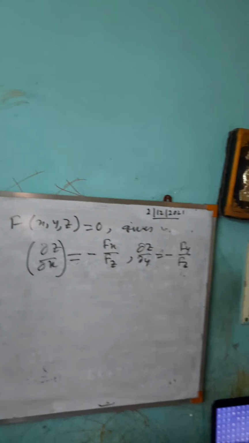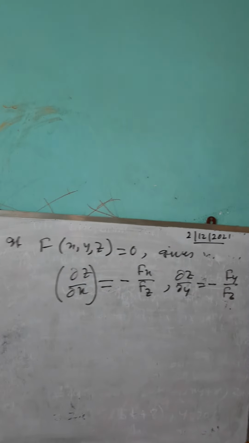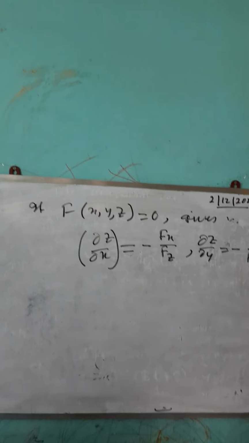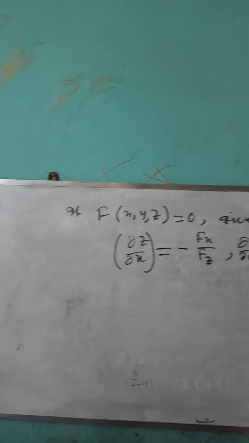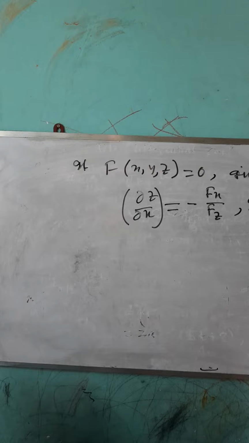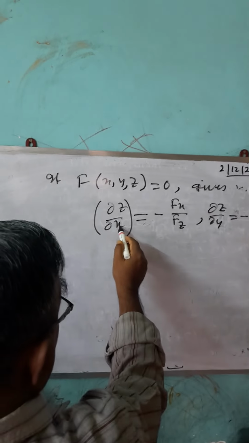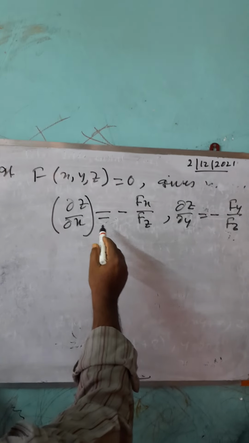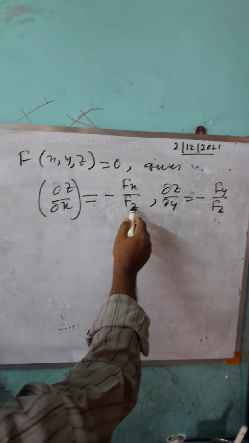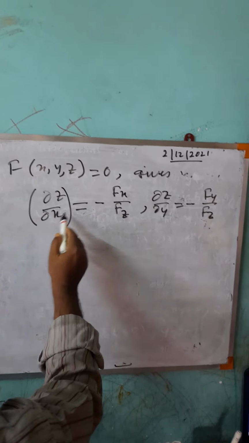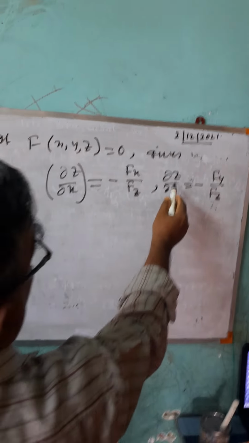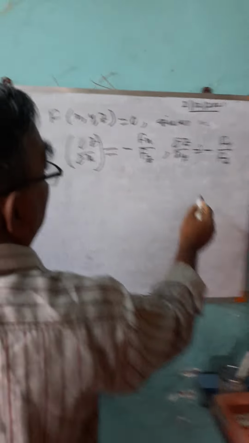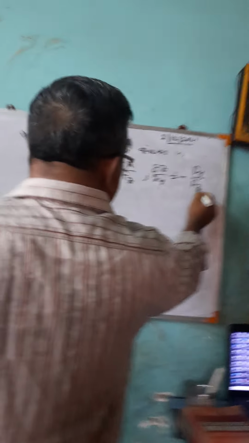This is the formula actually. When it is x, then it comes fx by fz, and del z by del y is fy by fz, with the minus sign.